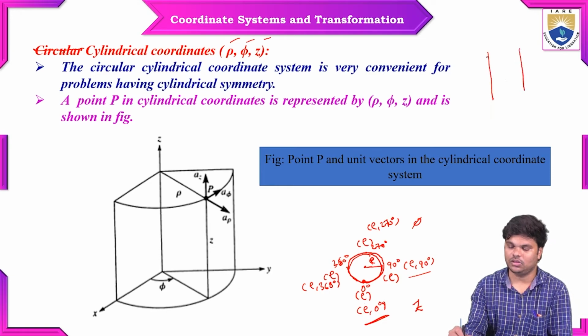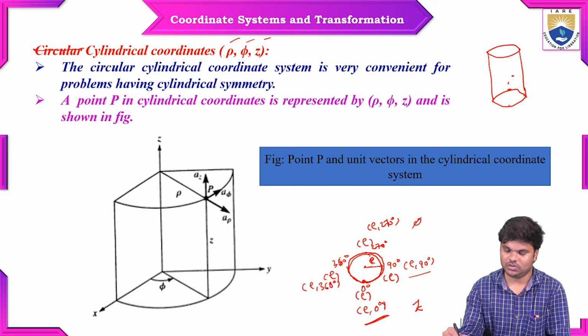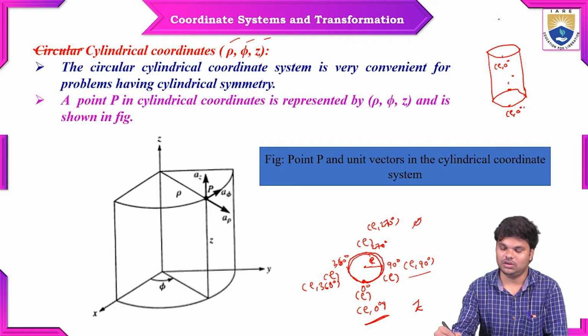Okay. So this is the topmost ring and this is the bottommost ring. And this one is rho comma 0 degree, and this one is also rho comma 0 degree. If I introduce some other dimension called the z axis, called z, then for this one z is equal to 0.